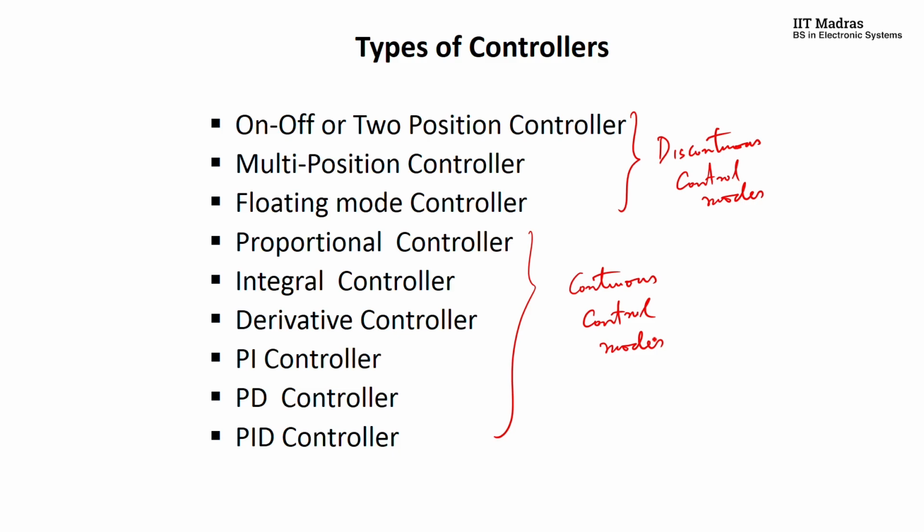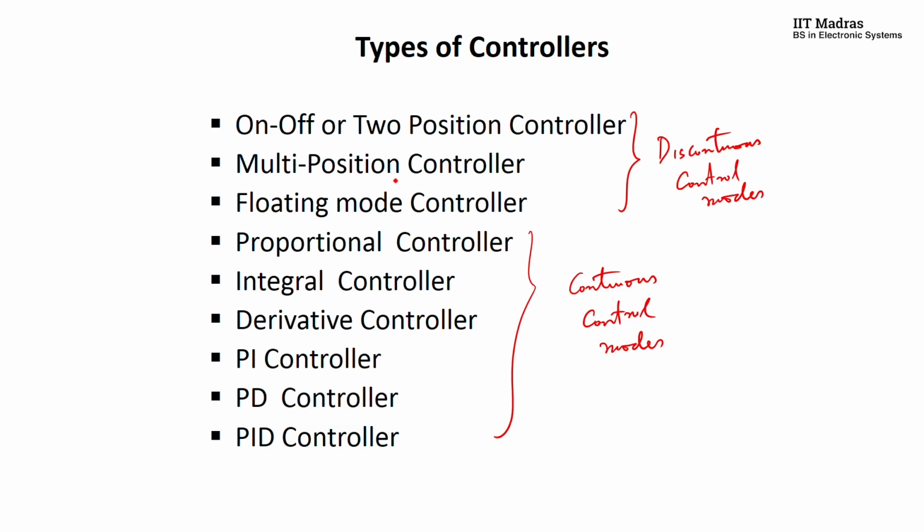So in this series of lectures we will deal with each one of these control modes, see their working, and see what parameters need to be tuned so that the performance of the controller is satisfactory.